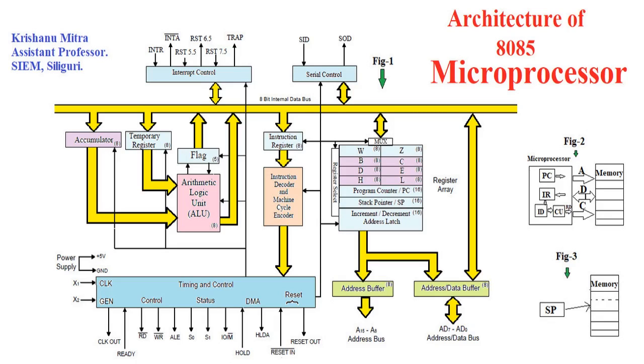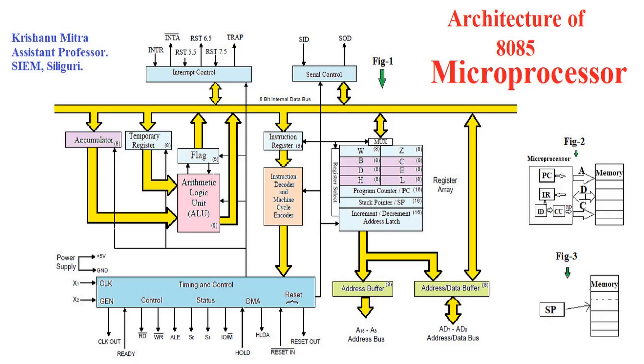So first, the address of that program will come into the program counter, that means PC. You can see it in the diagram.